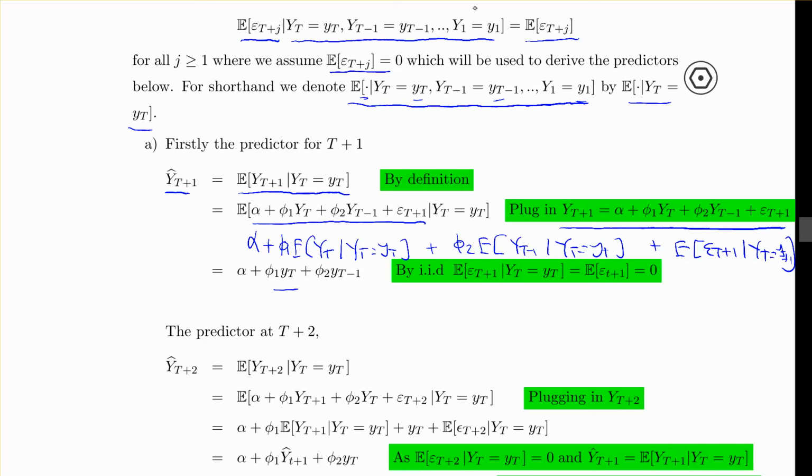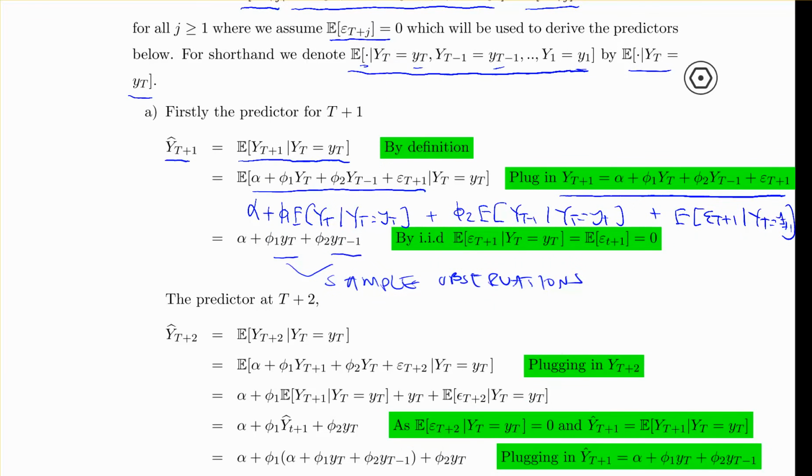And the same for yt minus 1, we know what value it took. These are just the sample observations. Okay, we're taking expectation under the assumption that we know what the outcomes were in the past, which is true because we have data up to time t. Finally then, we use the IID assumption to say that this equals naught.